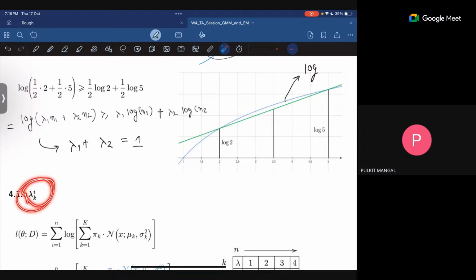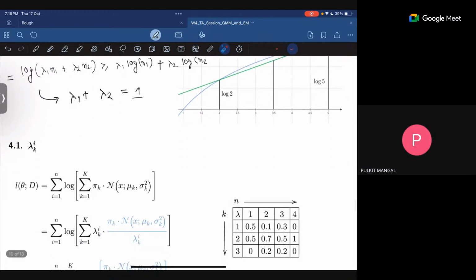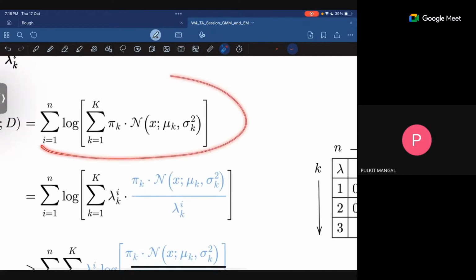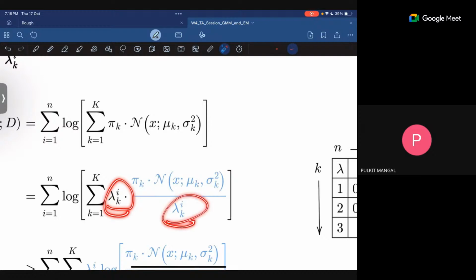We will introduce this new variable, and just look at this form. Just compare what we are doing here. We are multiplying and dividing by lambda ik. Is this going to affect anything here? No, right? If you multiply and divide by the same thing, it will not affect anything.